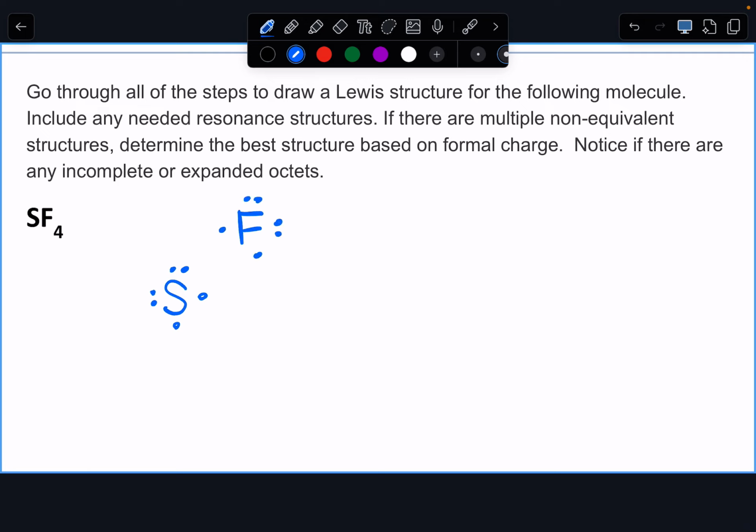Okay? So I'm going to start my normal way with drawing out the Lewis dot symbols. And the first couple should be fine.